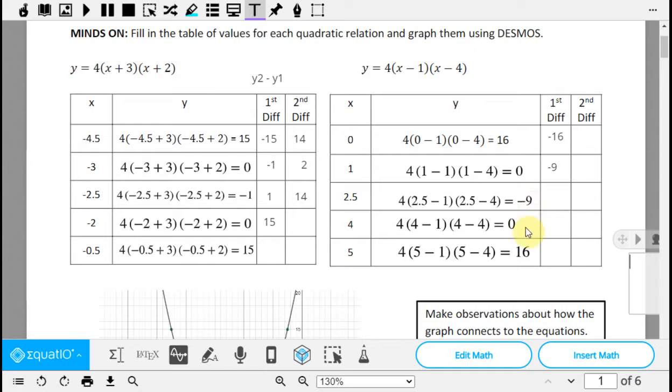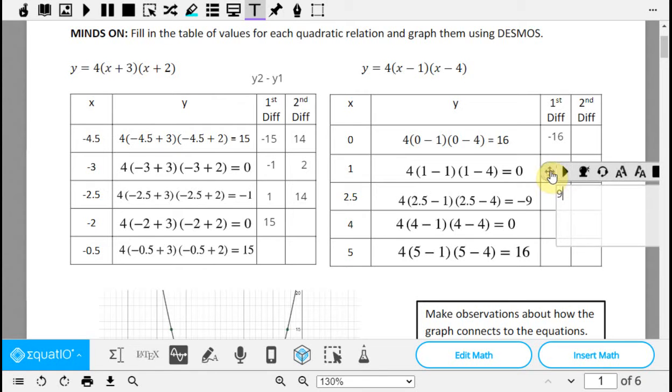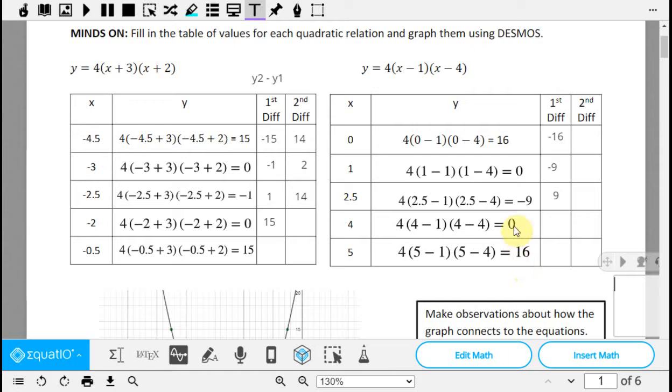From -9 to 0 is up 9, so that's a +9. From 0 to 16 is up 16.